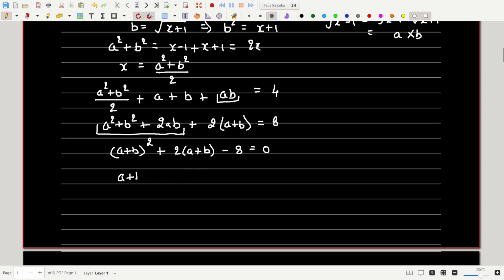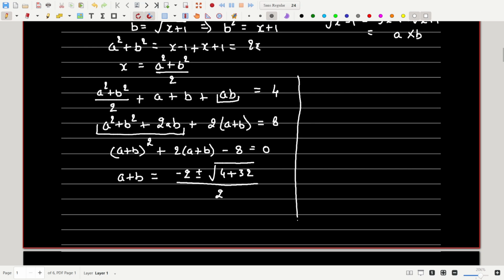So applying the quadratic formula, I get a plus b is equal to minus b, which is minus 2, plus or minus under root b square is 4 minus 4ac. A into c is minus 8, so minus 4ac is plus 32, divided by 2.